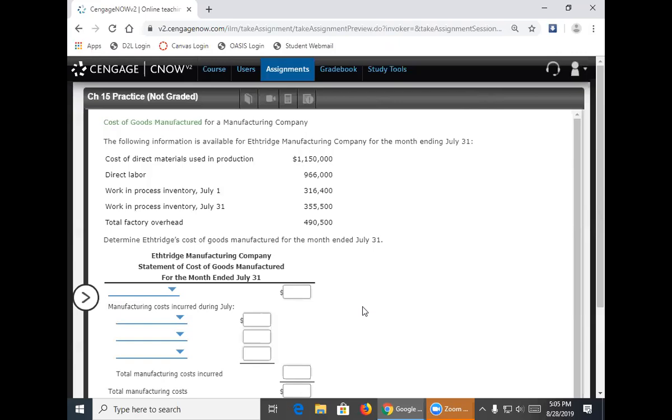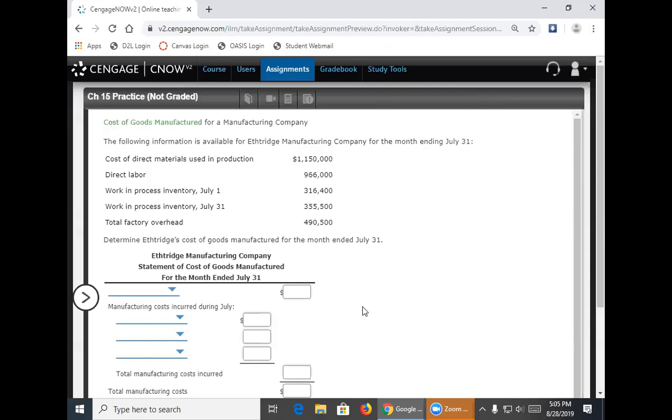Okay. So they tell us we had a beginning work in process. So it was this July 1. Our beginning work in process was 316,400. Okay.